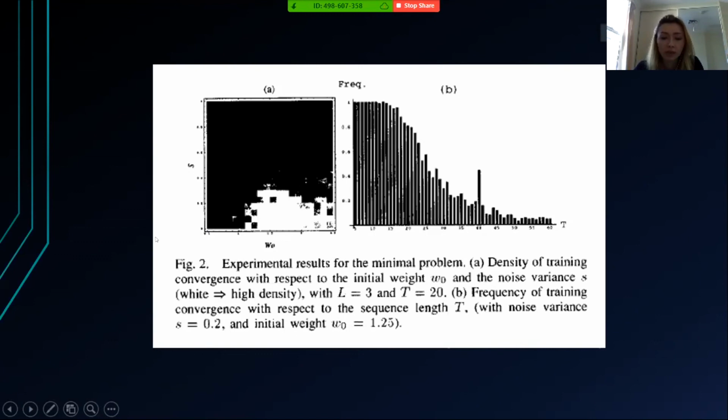And figure 2b shows the frequency of training convergence with respect to the sequence length T, which is on the horizontal axis. Here the noise variance was fixed to 2.0 and the initial weight was also fixed to 1.25. Here we can see that this task consisted only of learning the input parameters, and when T becomes large, it's extremely difficult to attain convergence.